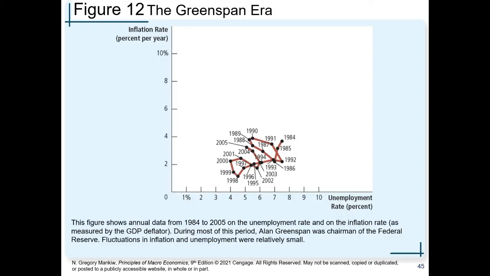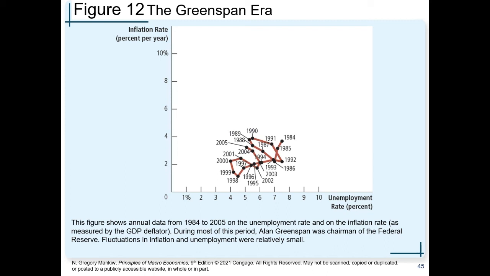Here you can see the inflation and unemployment rate during the Greenspan era. We can start at 1984, 85, 86. It gets kind of tangled and goes up in a circle, and it looks quite hectic. A lot of this has to do with the supply shocks, the booms, and also, of course, the fiscal and monetary policy during the times.